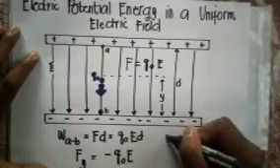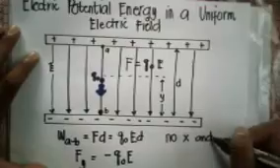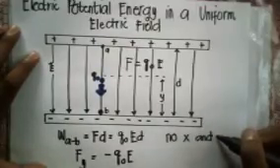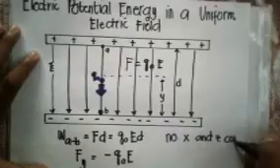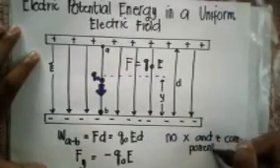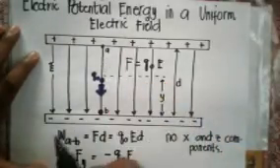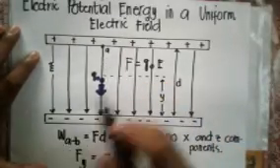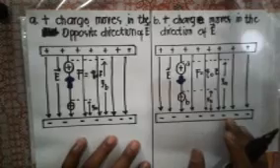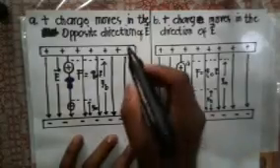We have no x and z components since our charge is only moving in the y direction. These are the conditions for electric potential energy in a uniform electric field.